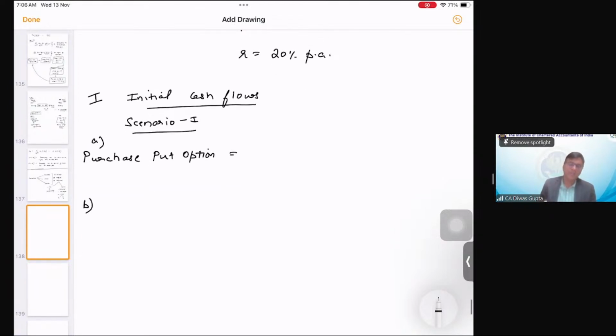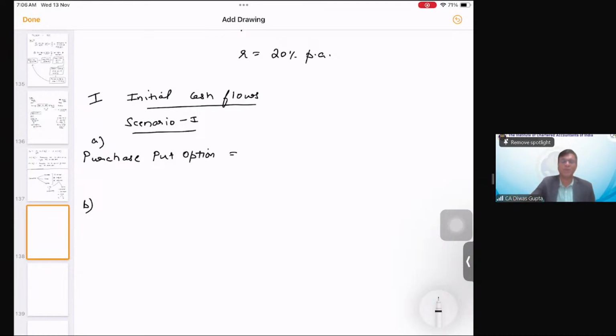The second step will be, in case I have purchased a put option, I have purchased a right to sell. For this right to sell, what action should I take in the spot market? Come on, students, tell me. Please answer what I'm asking.